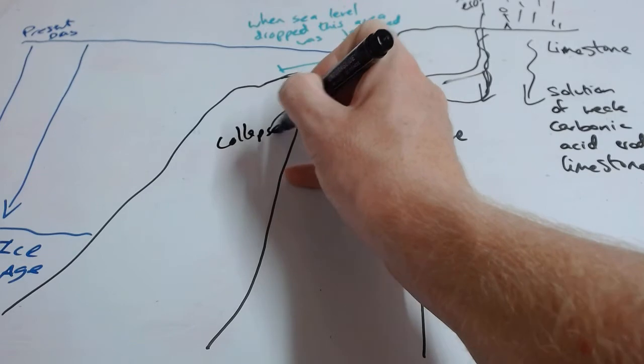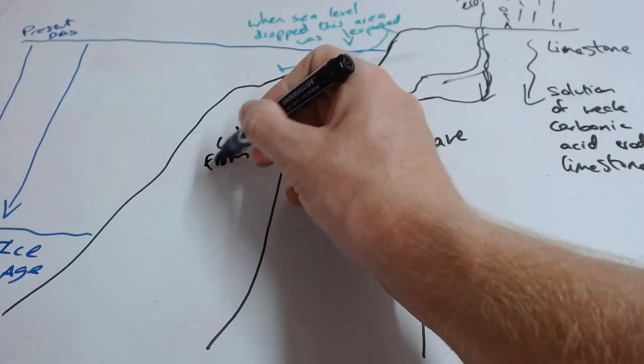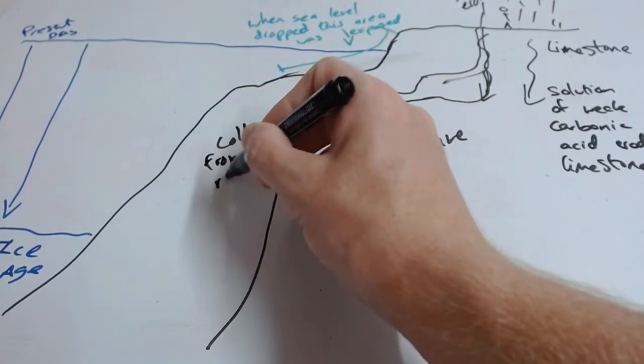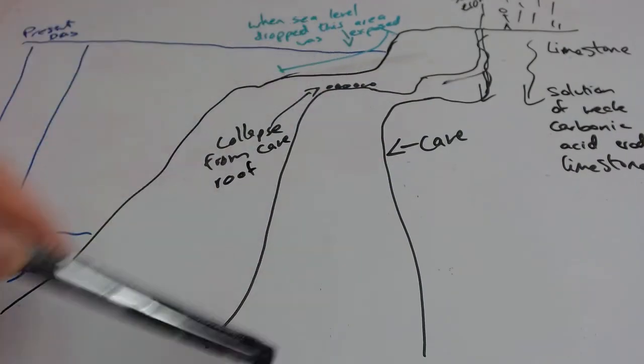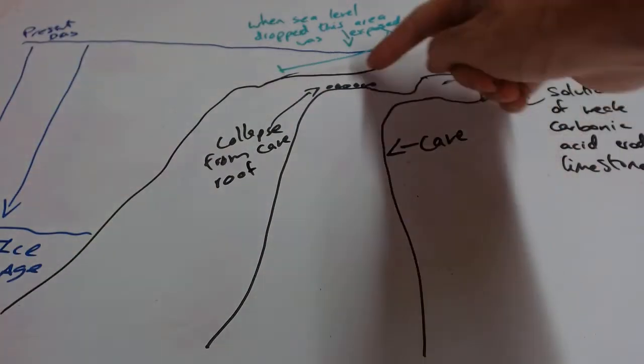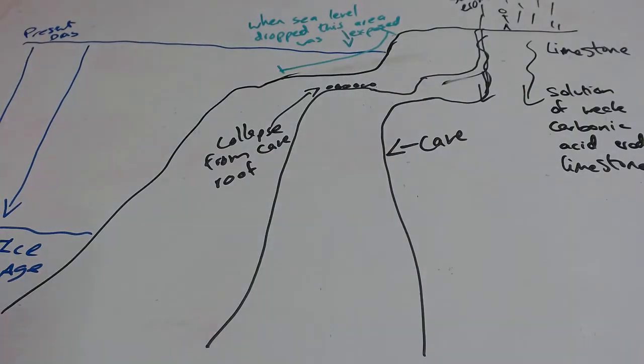Collapse from cave roof. So then you have those bits collapsing down, falling down, falling down. This gets ever more narrow and narrow, until a breakthrough occurs.